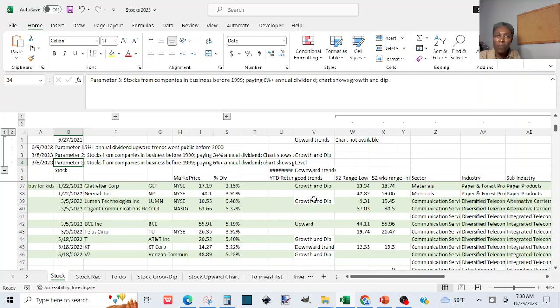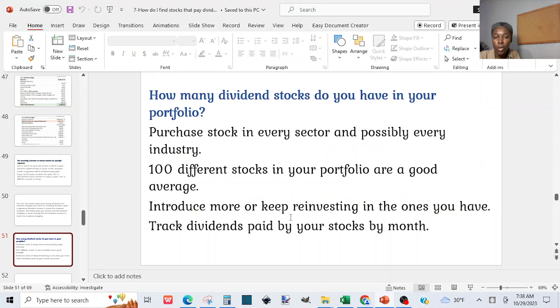By the time you invest in all those companies you highlighted in your spreadsheet, you'll have a good number in your portfolio. Just for reference, I put 100 different stocks here. That's a good average, and then you'll just keep reinvesting in them.